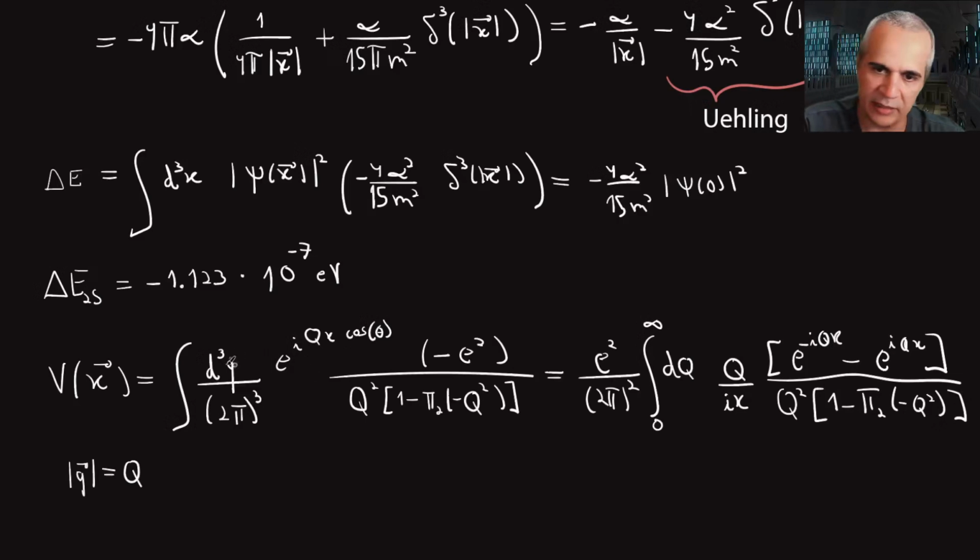This is what I get after integrating the cosine of theta. I can change here to have an integration in the cosine, and I'll get this big term.